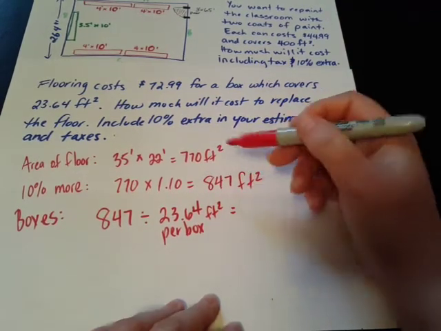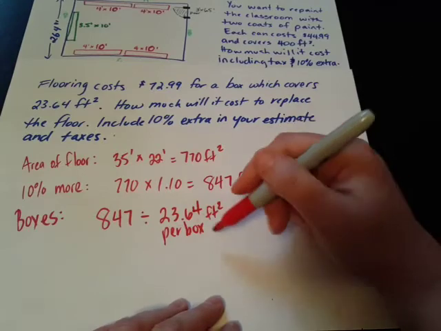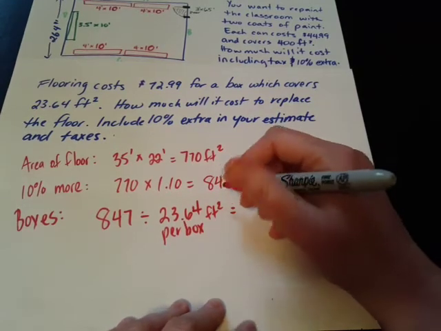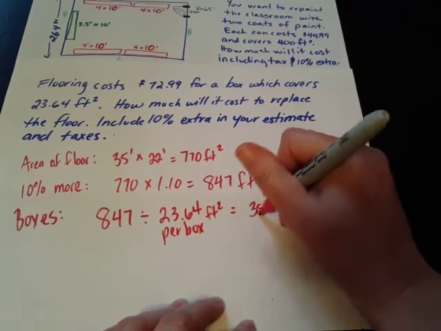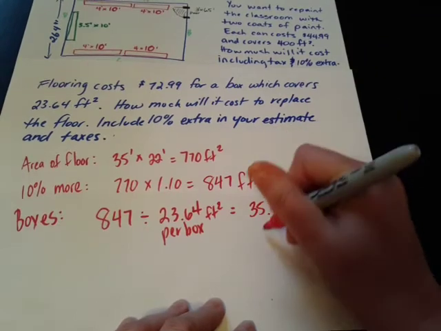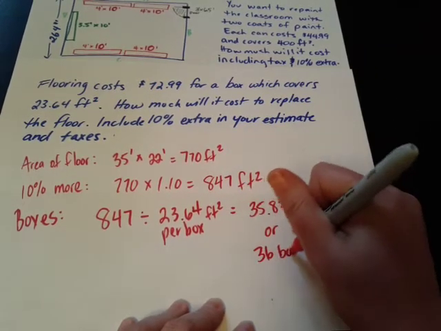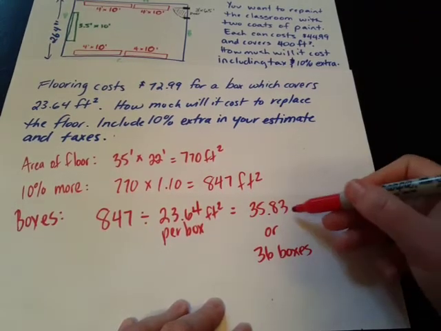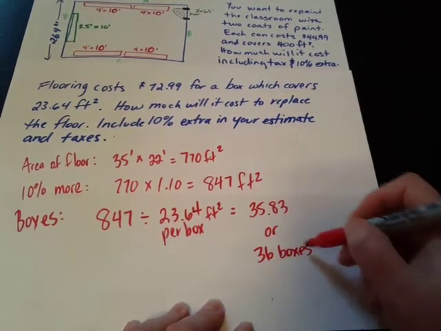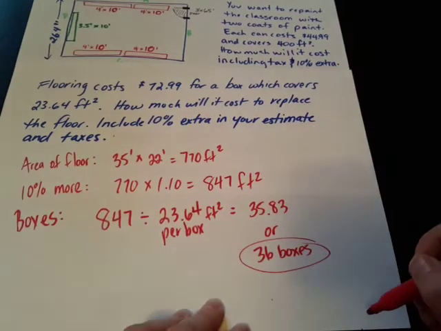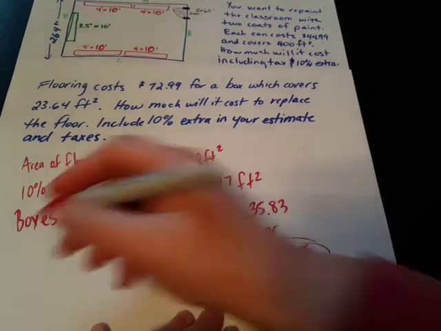And so if we divide that 847 by the 23 square feet that's in each box, we're going to find 35.83 or 36 boxes. Again, don't buy 35.8 boxes. It's impossible. So let's purchase 36 boxes.